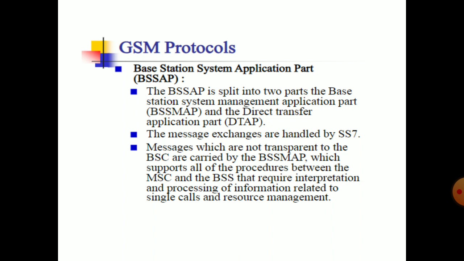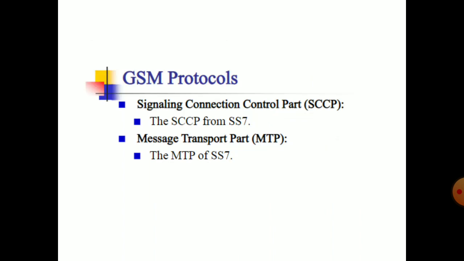The message exchanges are held by SS7. These messages are not transparent to the BSC, and are carried by the BSSMAP, which supports all of the procedures between the MSC and the BSS. That requires interpretation and processing of information related to single calls and also resource management.